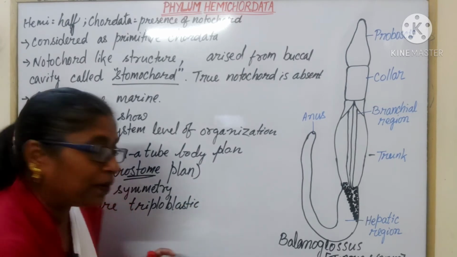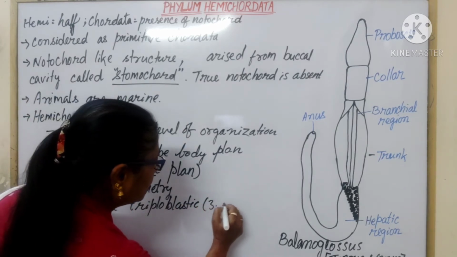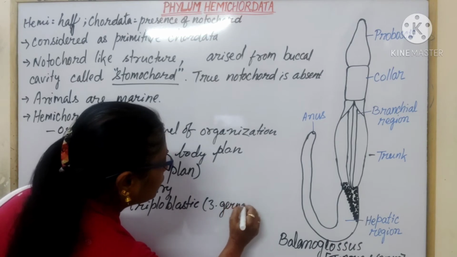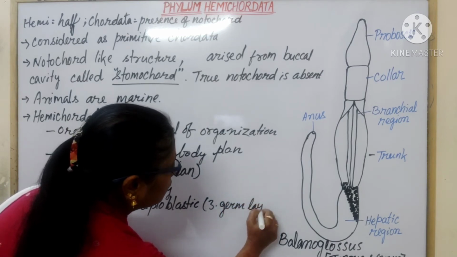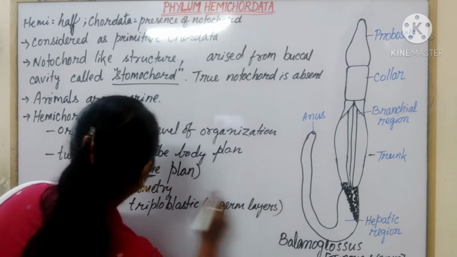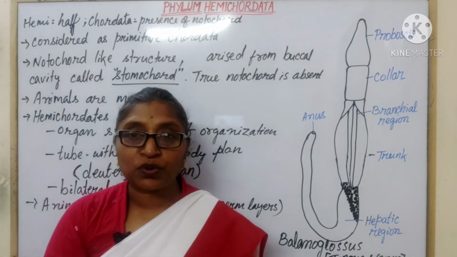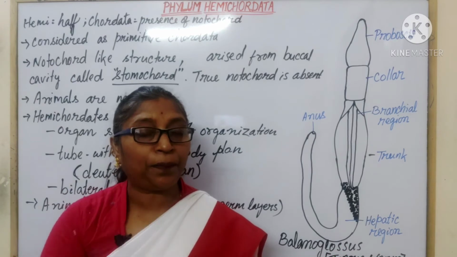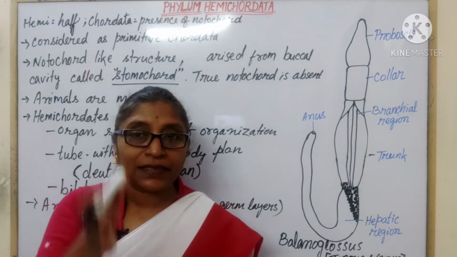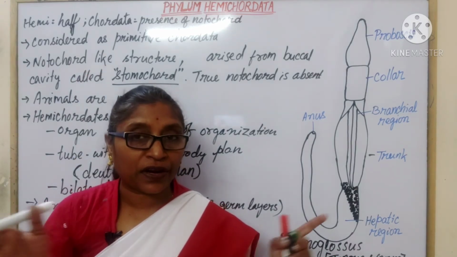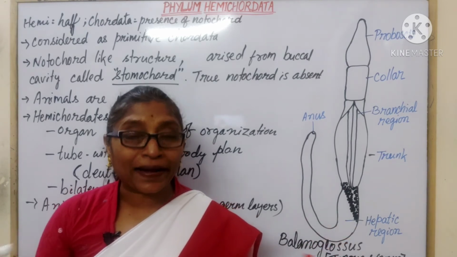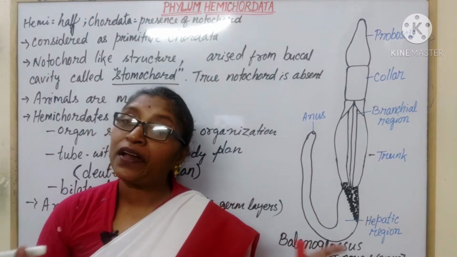Triploblastic means three germ layers are present. Bilateral symmetry means when the body can be divided into two equal halves by a single plane. Only one plane can divide the body into two identical, symmetrical halves.